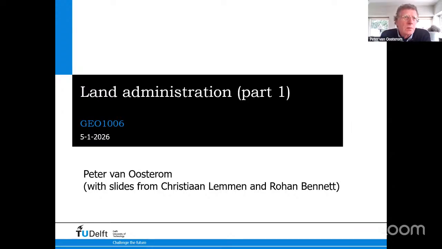The second part today will be a third application. So after the city modeling by Georgios, or the energy modeling of buildings by Amin, we look now at a different application domain, land administration. It's quite different.